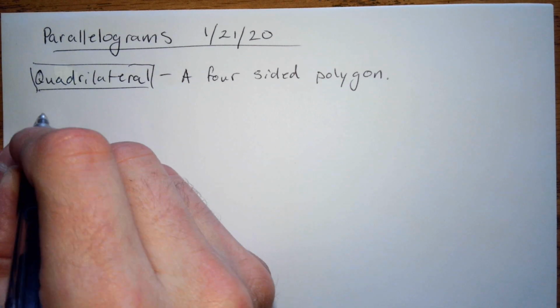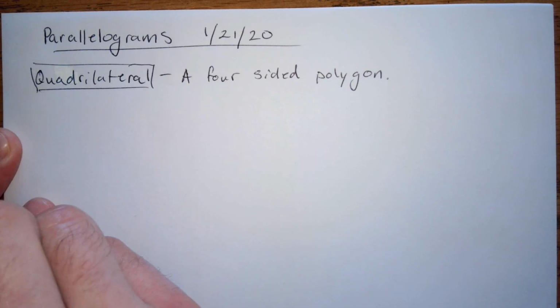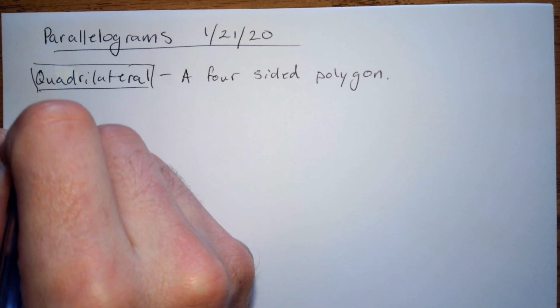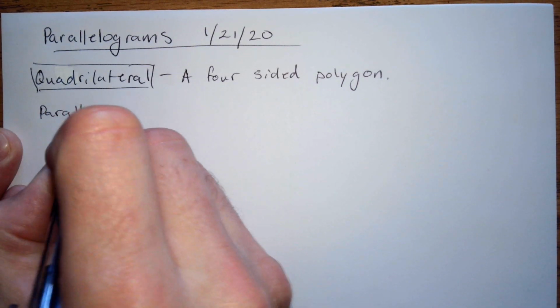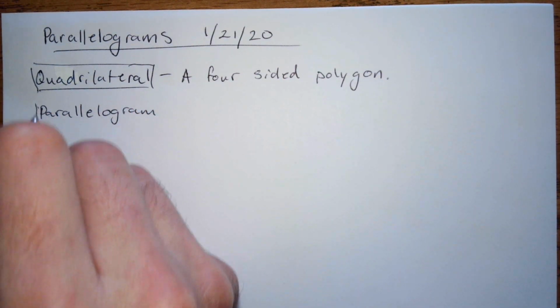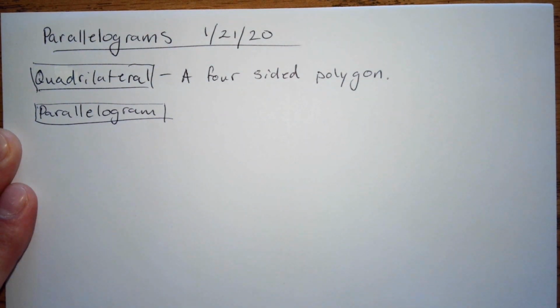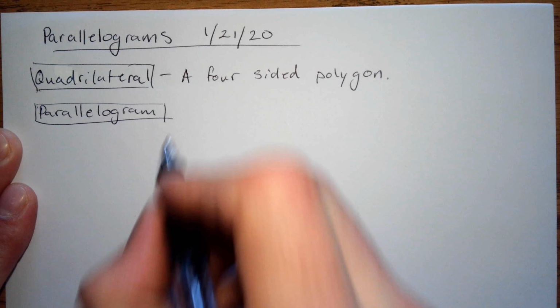And a parallelogram. So a quadrilateral is a four-sided polygon. A parallelogram is a quadrilateral with two pairs of parallel sides.